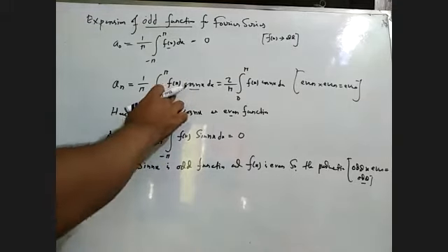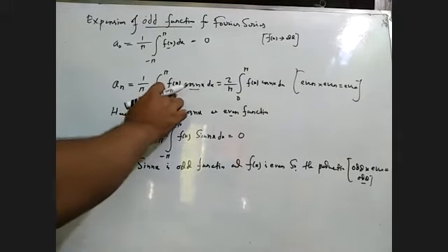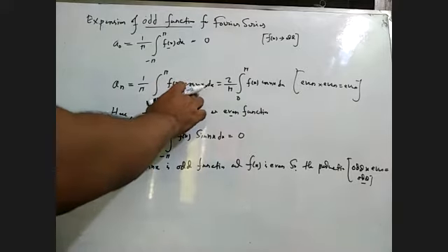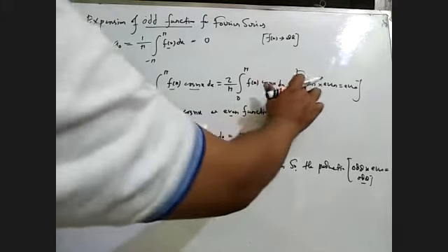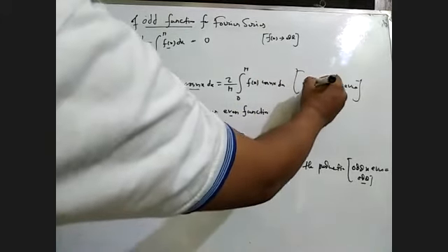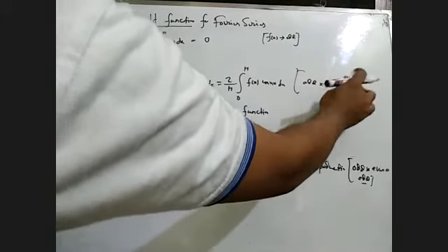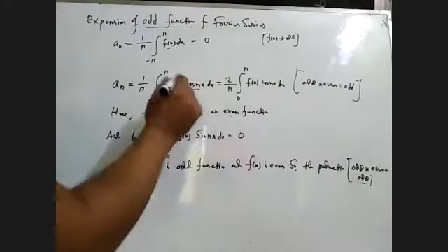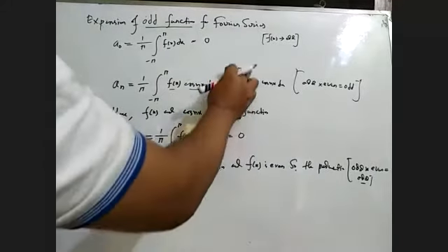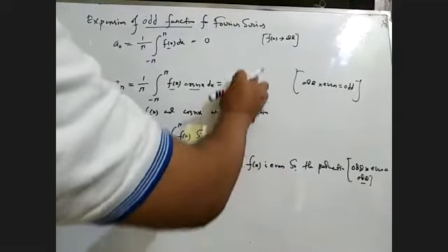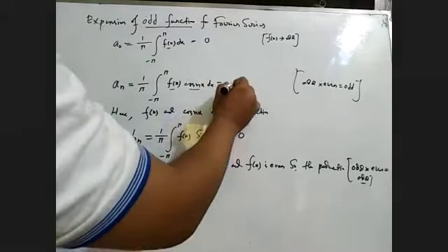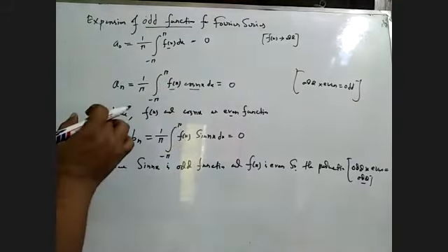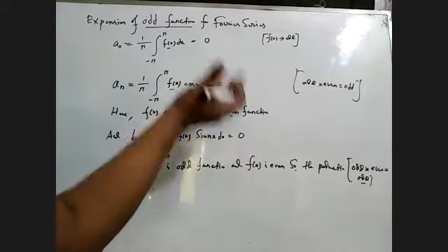But here f of x is an odd function, remember it, and cos is an even function. So odd multiply even is odd. This is why the total value will be 0, because the definite integral of an odd function gives 0, because an odd function means antisymmetric.